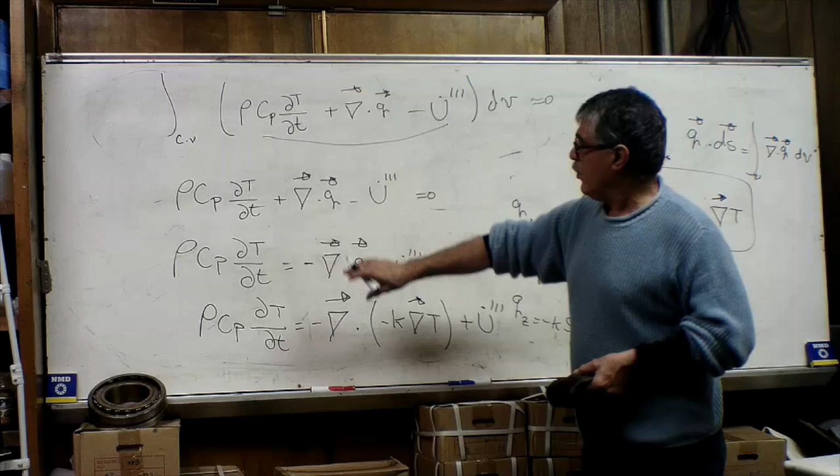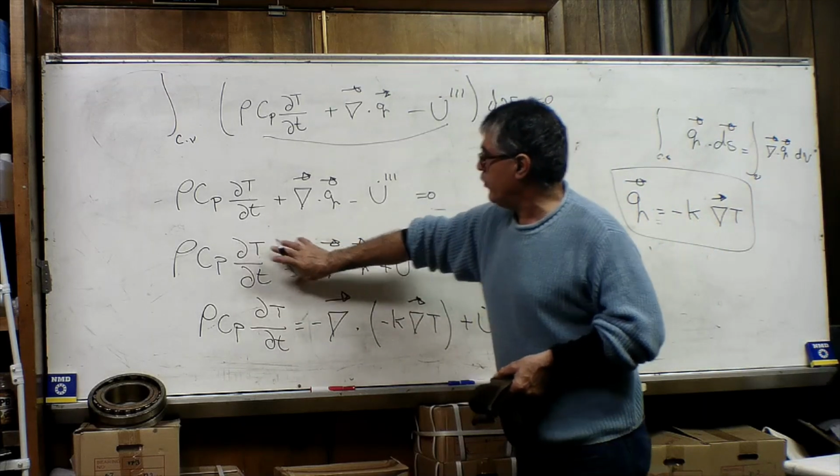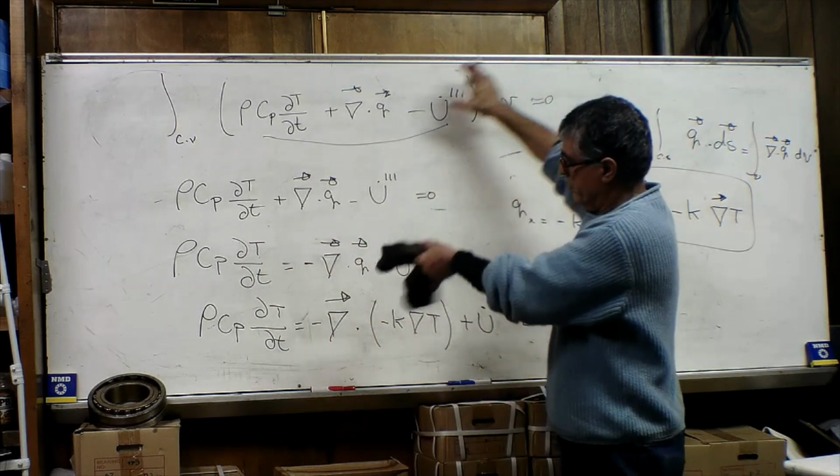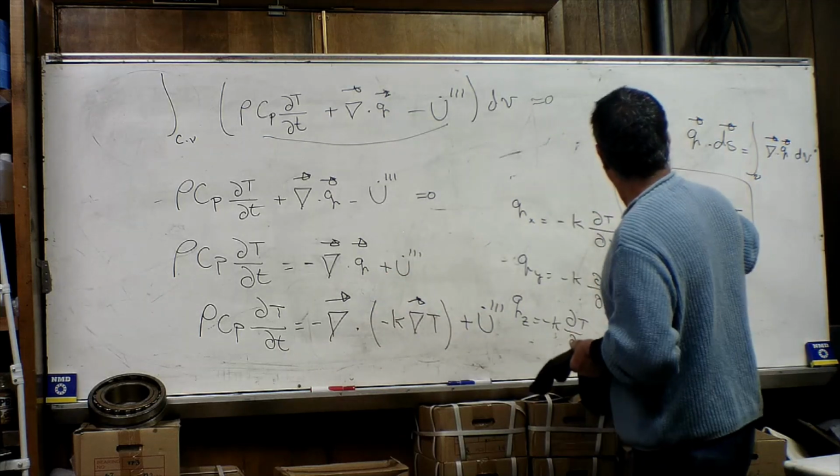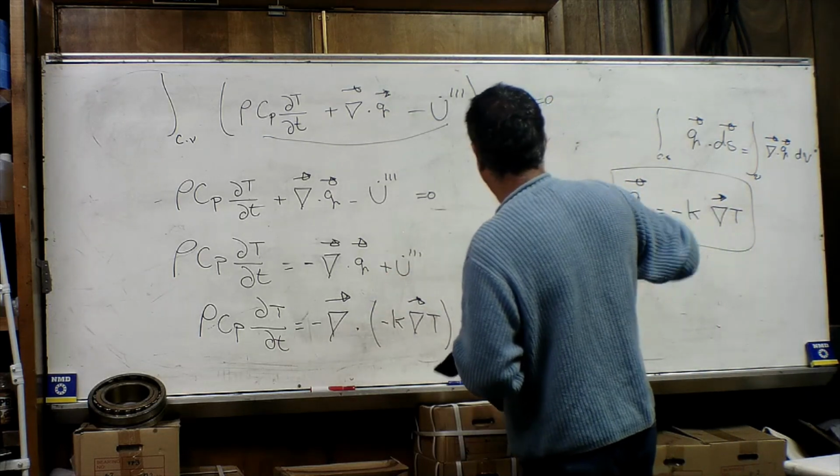What we did, we rewrote that like at the beginning, and we replaced this Q by minus K del T.